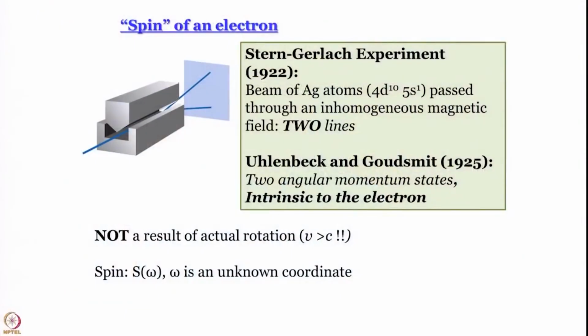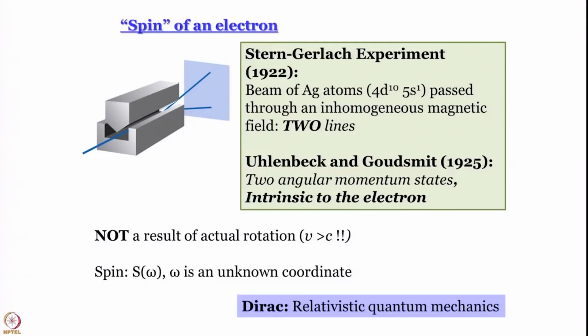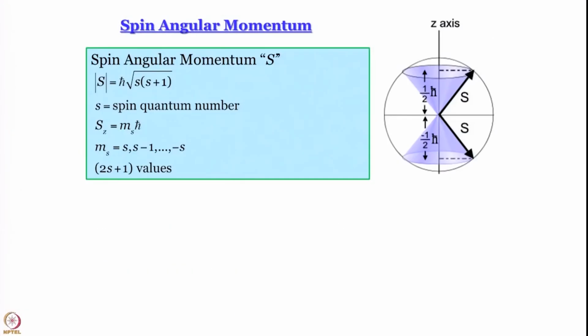So, very briefly we can say that it is not a result of actual rotation, it is not written in any known coordinate, but interestingly you can talk about its z component. It really arises out of the relativistic quantum treatment that Dirac had performed, and many people still continue with it.